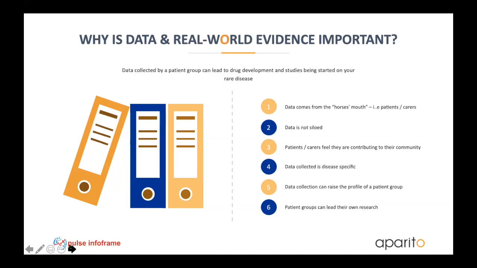Dan also alluded to this, providing data into registries, providing data so that drugs can be developed is all terrific. But patients and carers really need to feel like they're contributing to the community. How does that happen? It happens in a way where essentially you want to know and get feedback of how the data are being used.